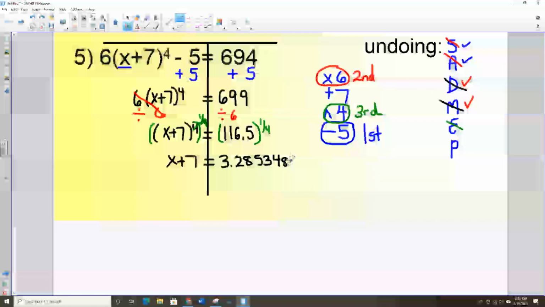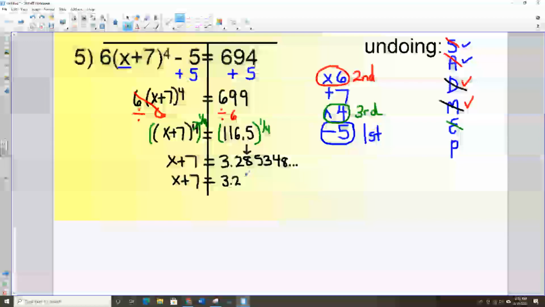Okay, so I'm going to write that, and then we're going to take a second to decide. If we go to 2 decimals, what will that round to? Will it round to 3.28 or 3.29? The correct answer is 3.29. Okay, so we have 3.29.